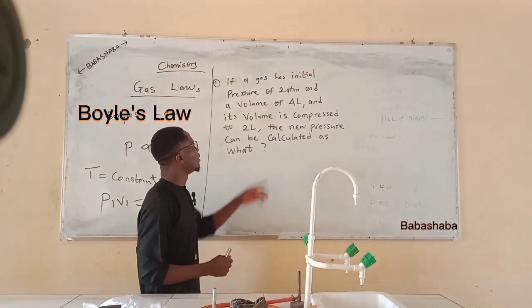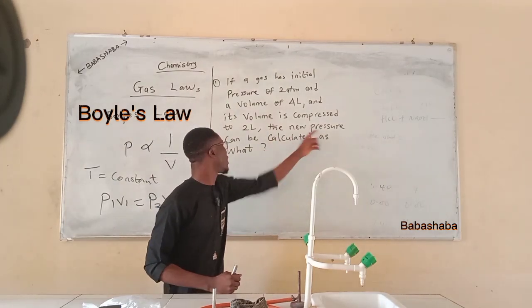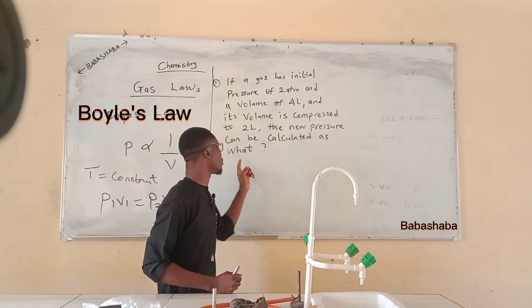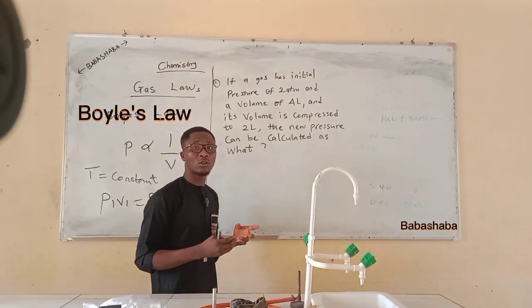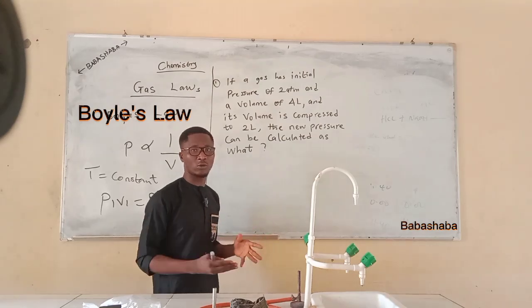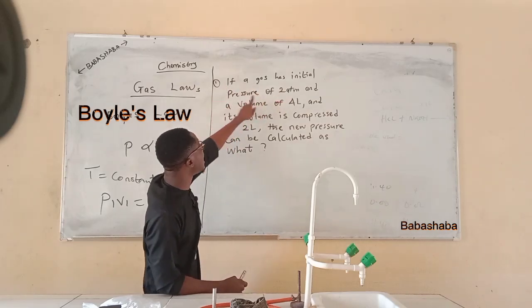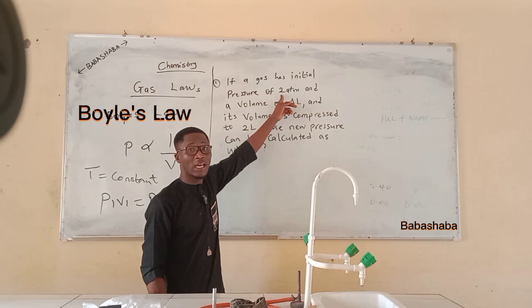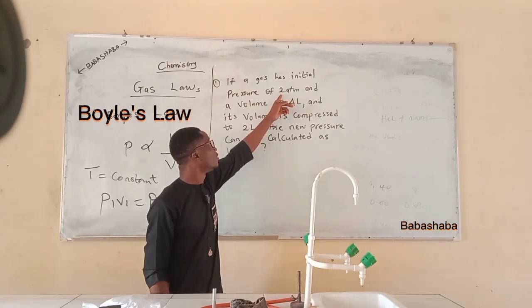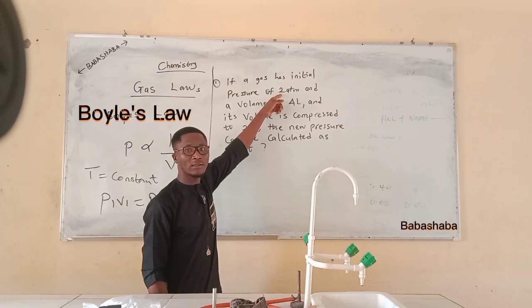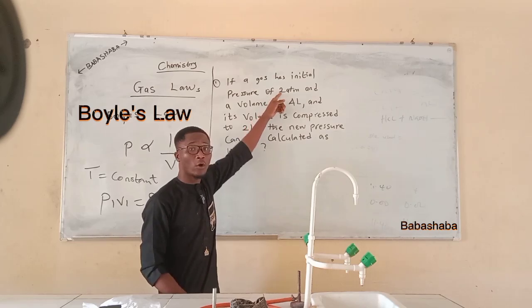The question says the new pressure can be calculated as what? They are asking us for the new pressure. Here they have already given us an initial pressure. If a gas has an initial pressure of 2 atm, that's 2 atmosphere, this is our P1. What we are asked to look for is P2.